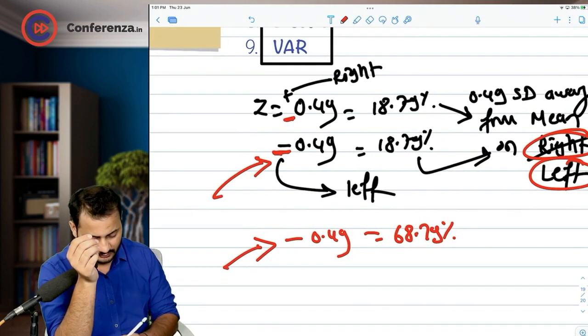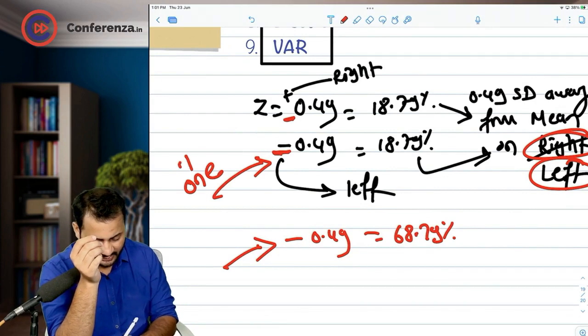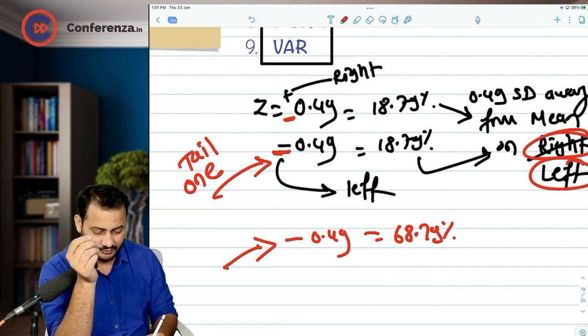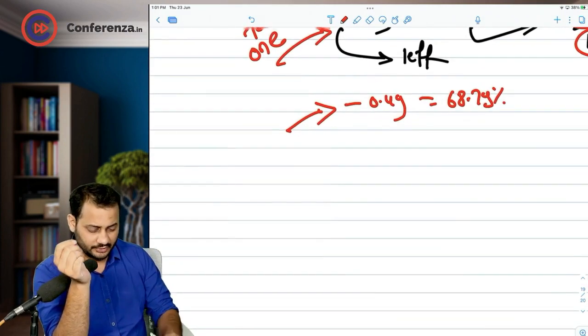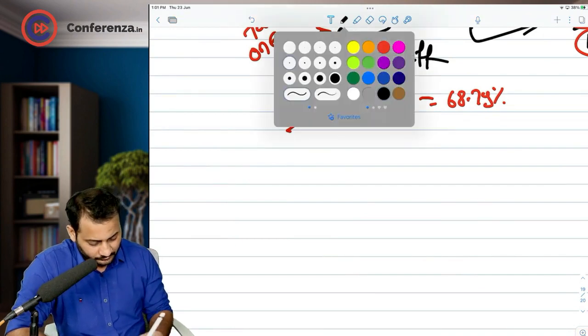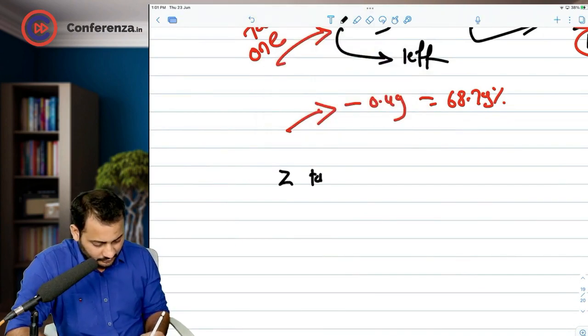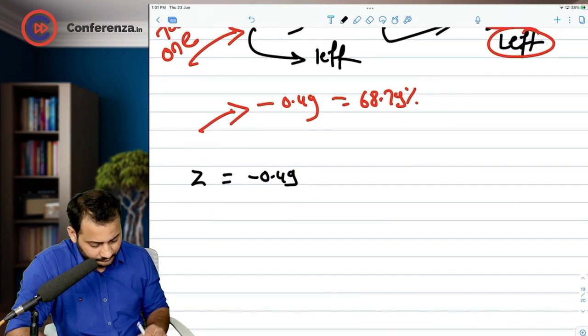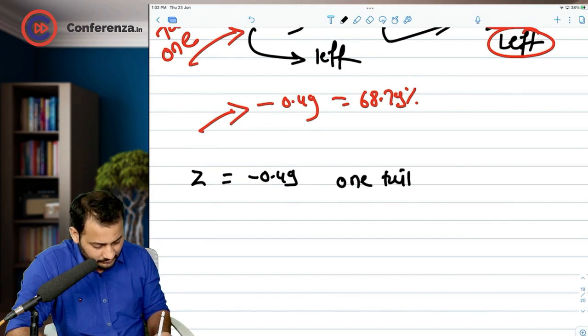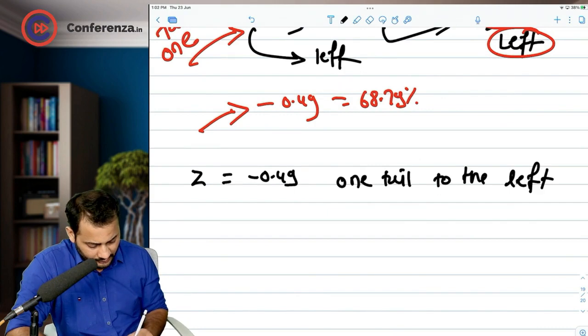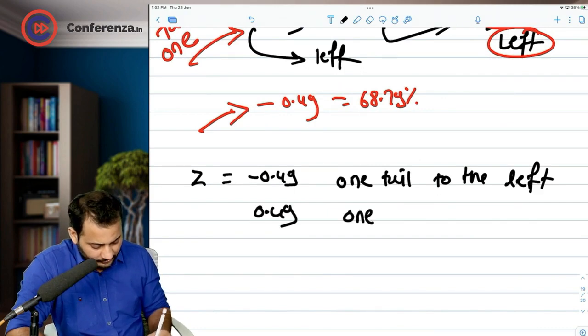So this represents only one tail to the left. I will write down here, z table: if the z score is minus 0.49, we will say one tail to the left, because it is negative. If it is 0.49, it will be called one tail to the right.